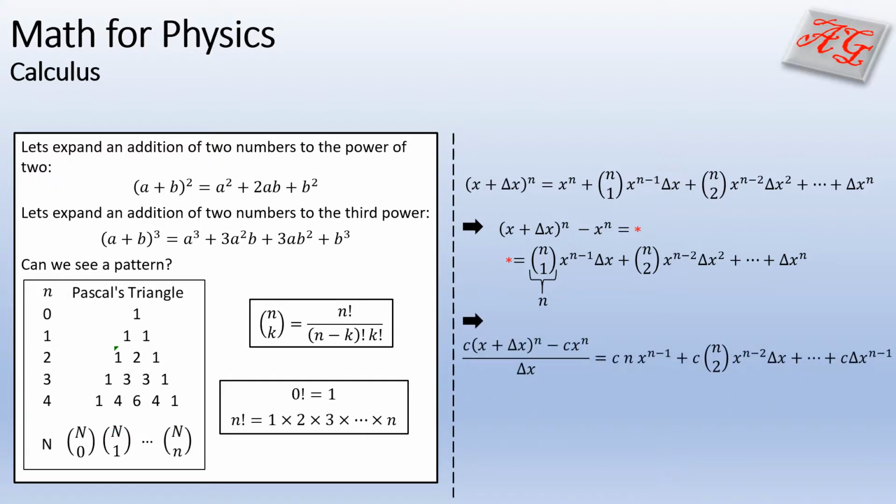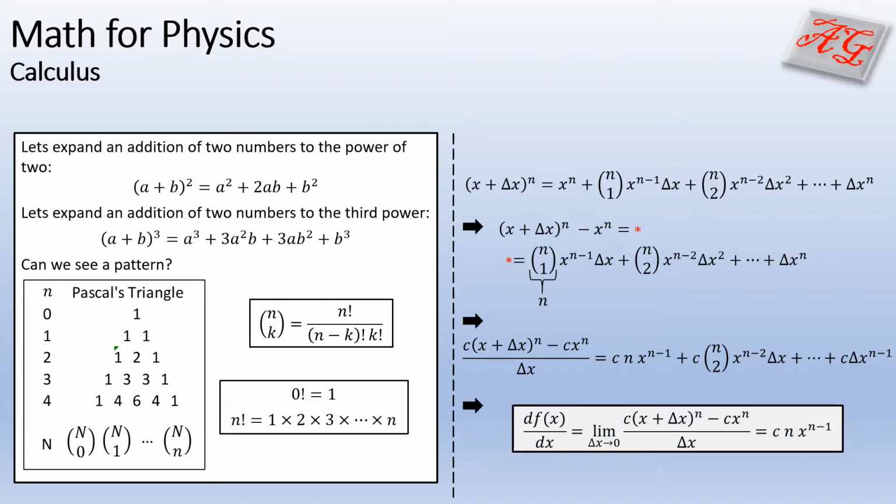When we take the limit delta x tends to 0, then the only term that survives is again the first term. Finally, concluding that the derivative of c times x to an integer positive power n is c times n times x to the n minus 1.